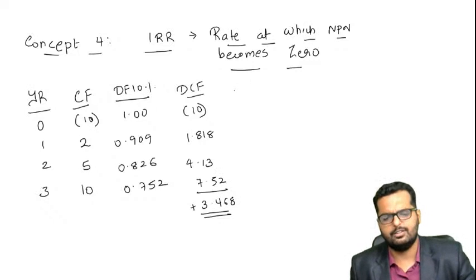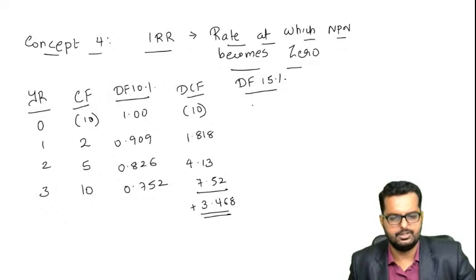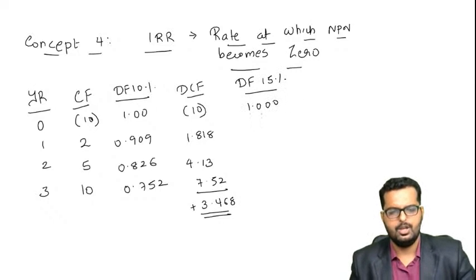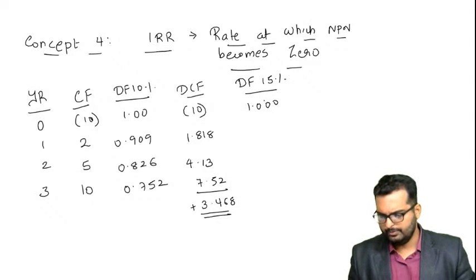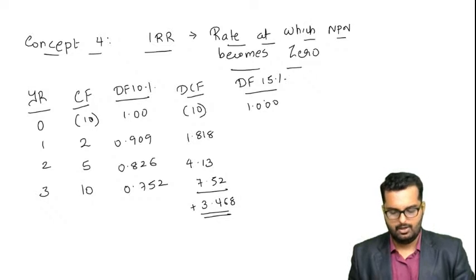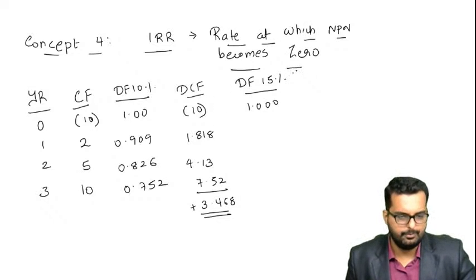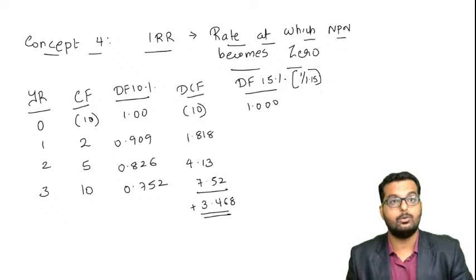So let me take a higher discount rate. I think I can go for 15%. Let's try 15% now. Do you know how to take the discount factor using your calculator? You should do 1 divided by 1.15. That's how you get it in your calculator.